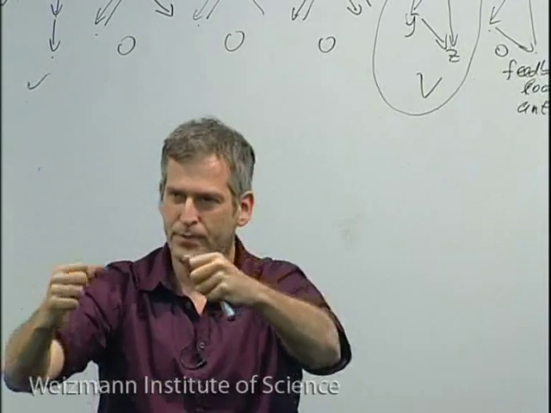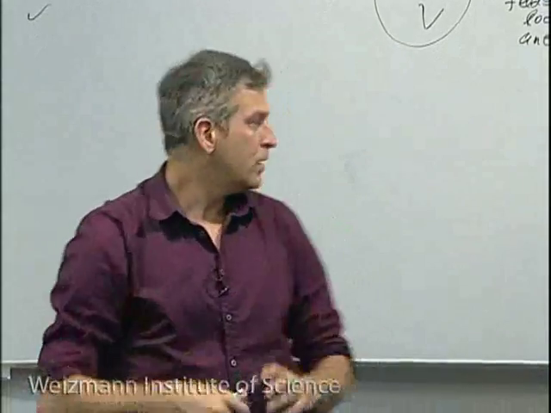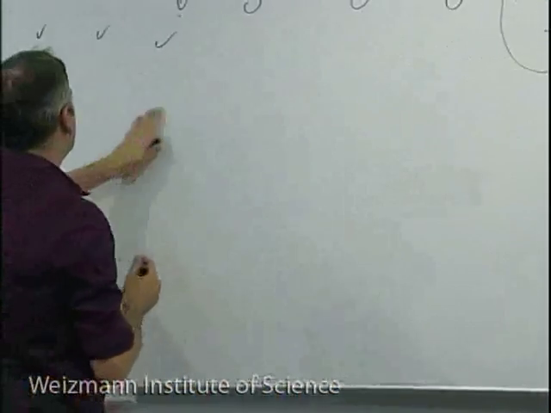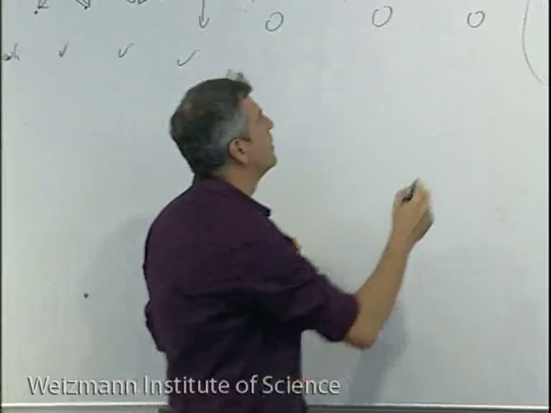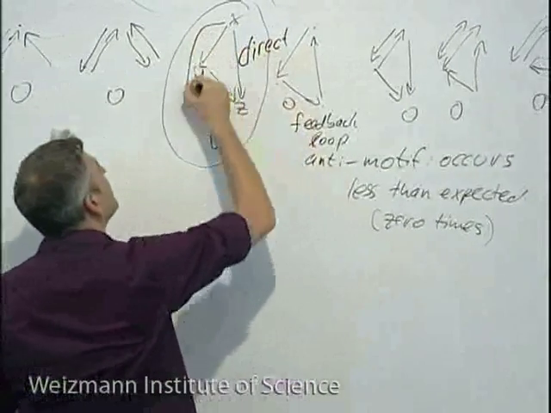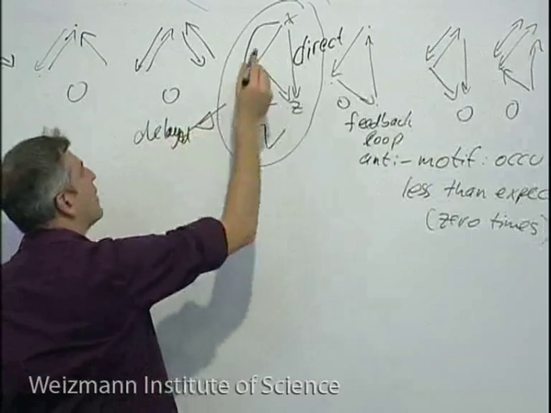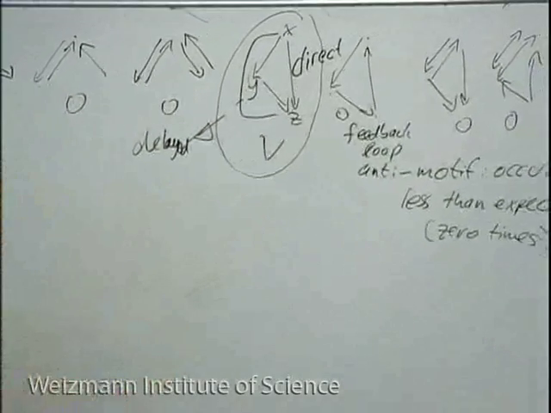That's the feed-forward loop. There's a direct path and a delayed path that converge on the same target.